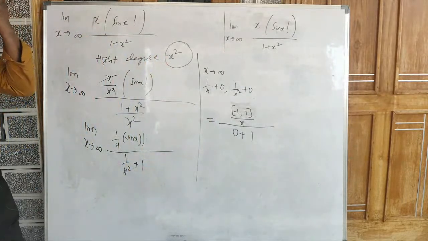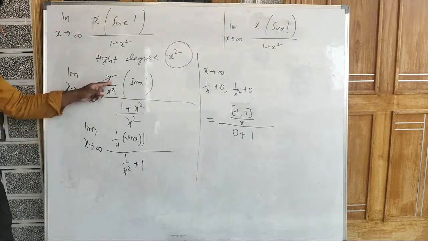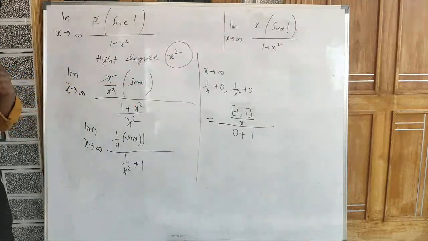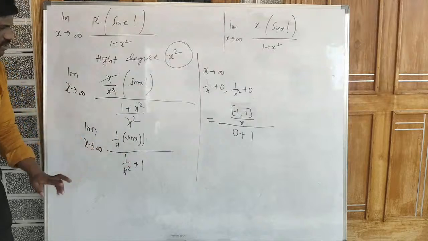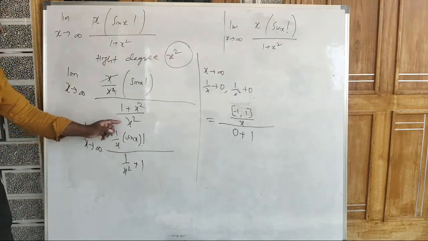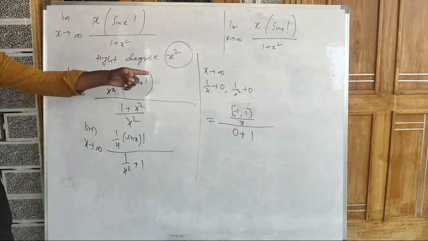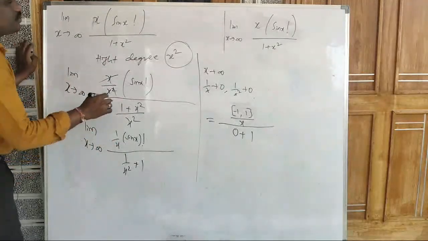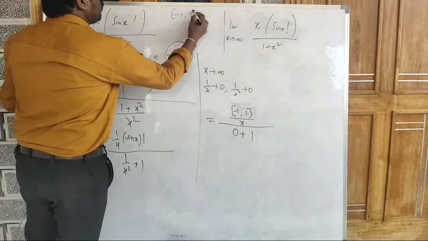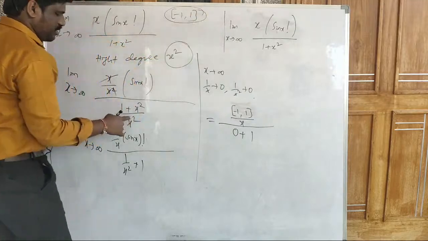Limit x tends to infinity, I get 1 by x into sin x divided by 1 by x square plus 1. I am not going to use the 1 by x concept here because sin x value always lies between -1 to 1, because we don't know the x value here.